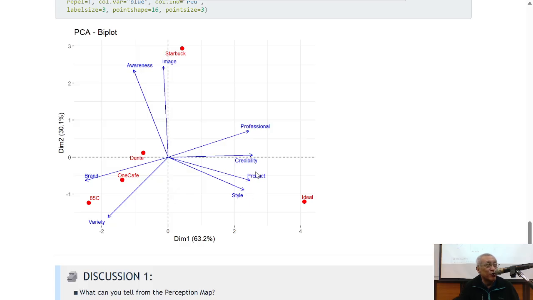And most importantly, every brand has a different position in customers' perspective.